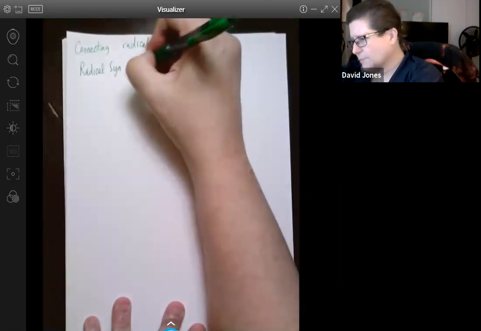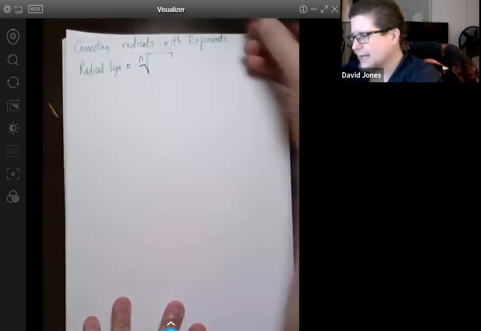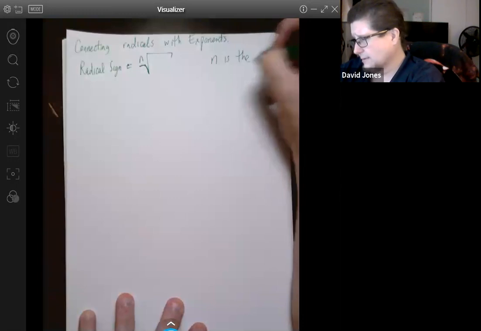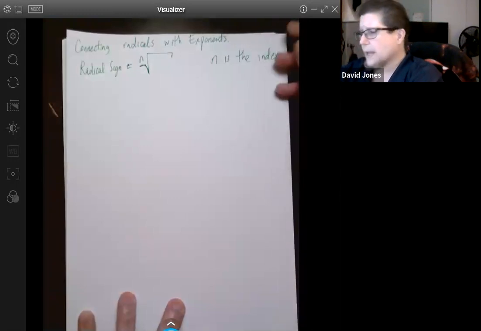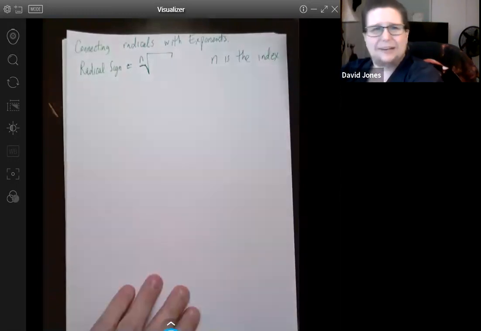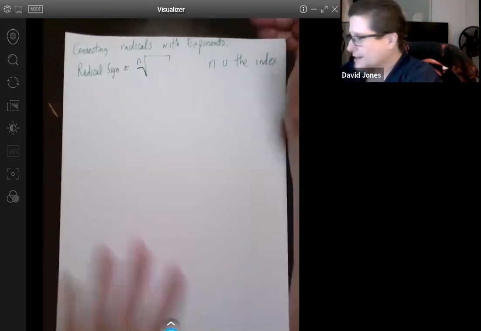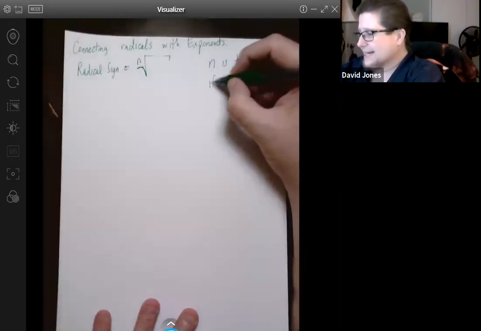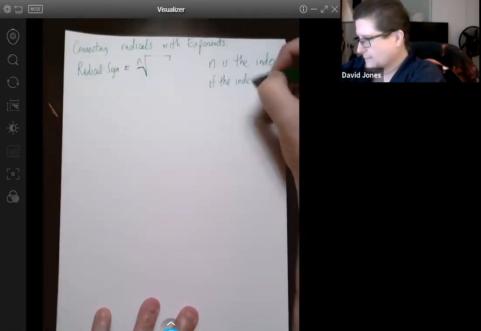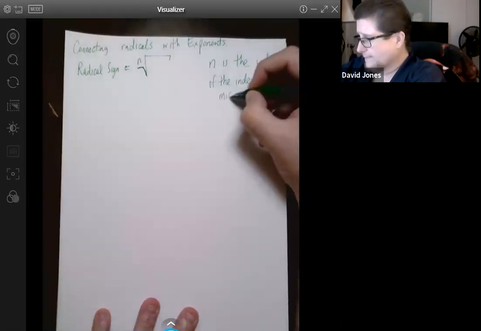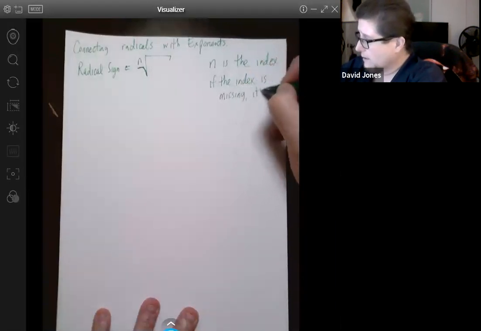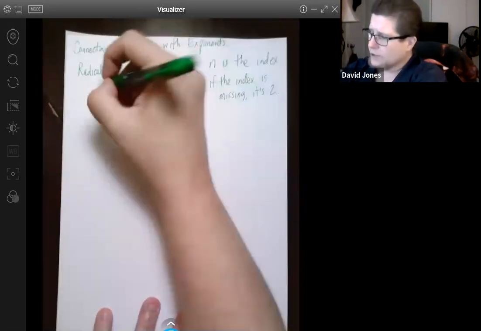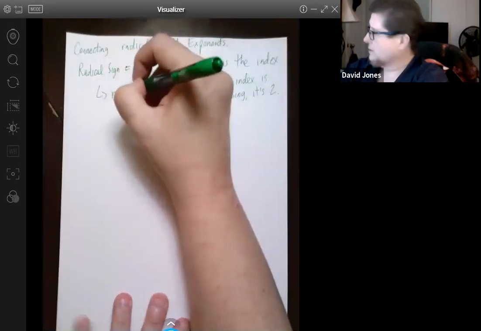And if we have a number sitting out here on the shelf, n is the index. And unlike everything else in mathematics, if a number is missing in math, it's normally 1. If the index is missing, it's 2. And radical signs have to do with the roots.